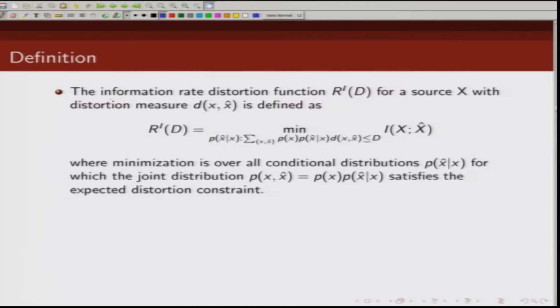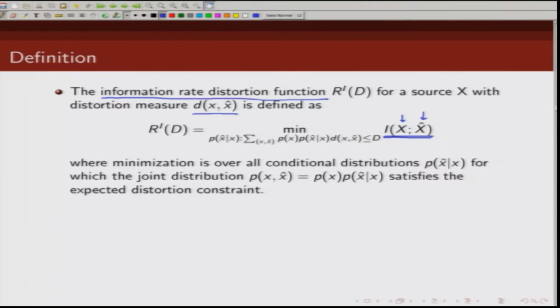Now we define the information rate distortion function for a source X with distortion measure given by d of x, x hat. We define the information rate distortion function as the minimum mutual information between the source alphabet X and this reproduced alphabet X hat.